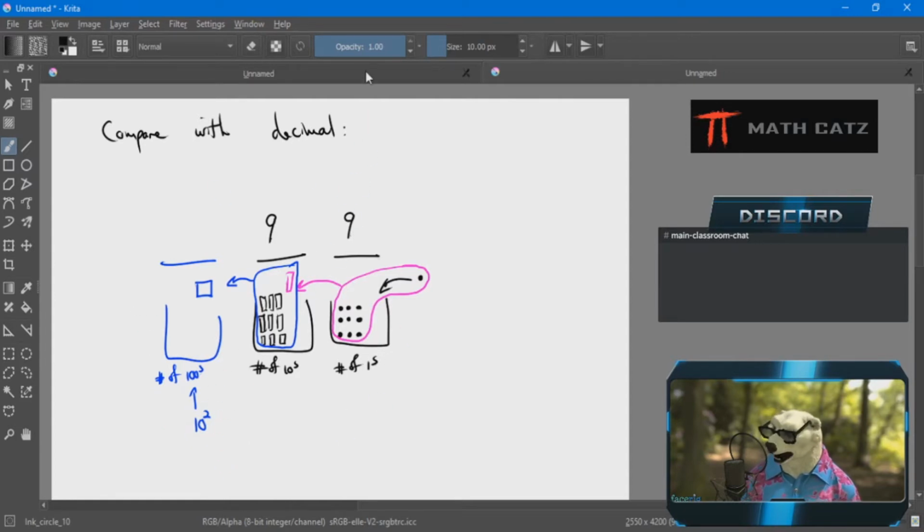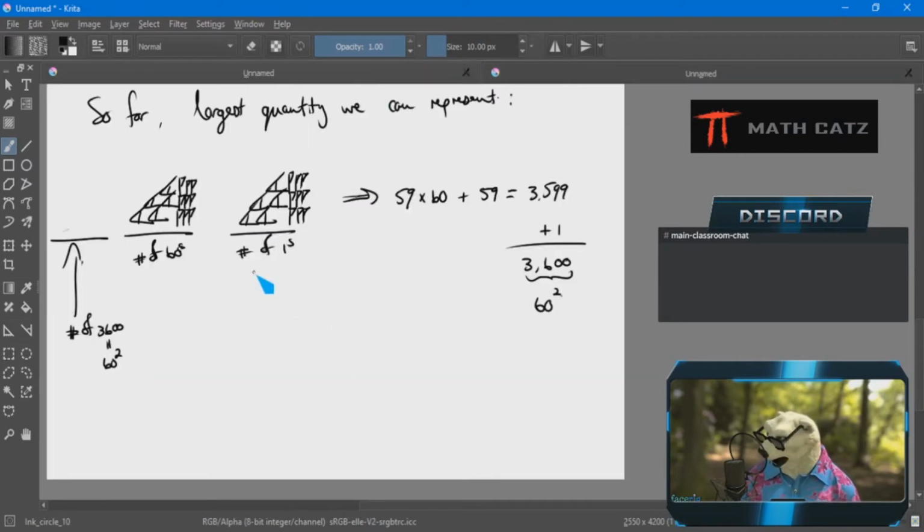Just like in the decimal system, ones, tens, hundreds, thousands, it's powers of 10 because we're counting in groups of 10. Now we're counting in groups of 60, so the place values are powers of 60. But it's not that foreign. Once you go past the appearance and the fact that we're working in 60 and not 10, it works the same way.